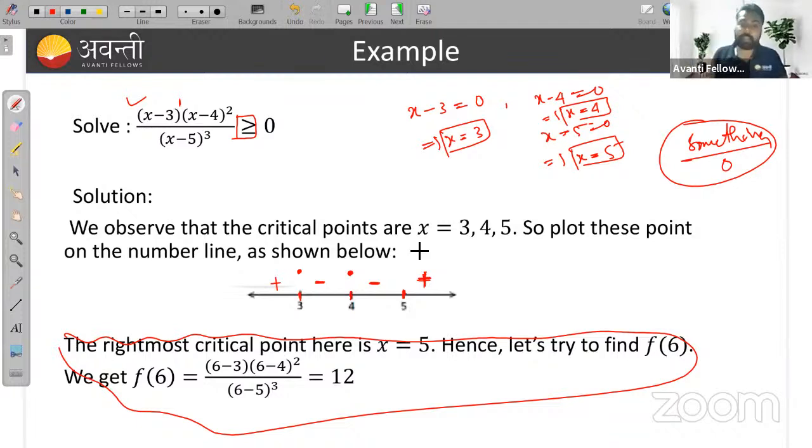Clear? That's why I am giving a hollow circle here. And we need the positive region. So what is your positive region? Just take another color. This is my positive region.